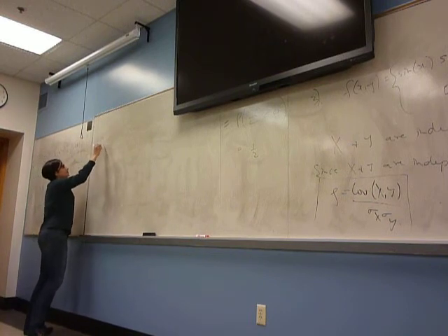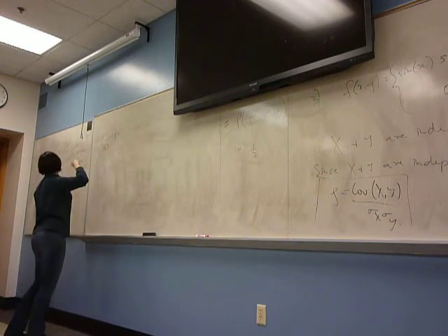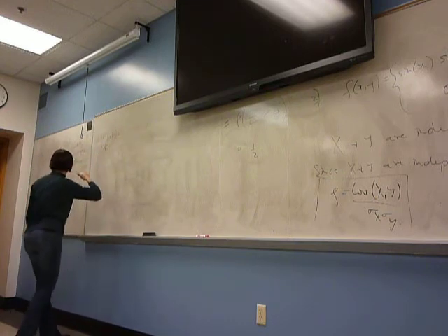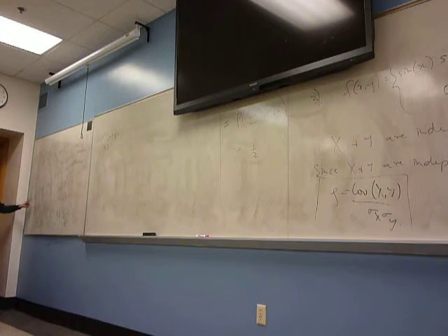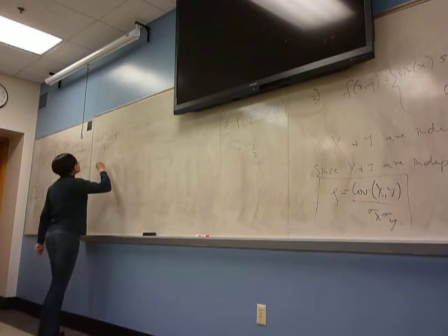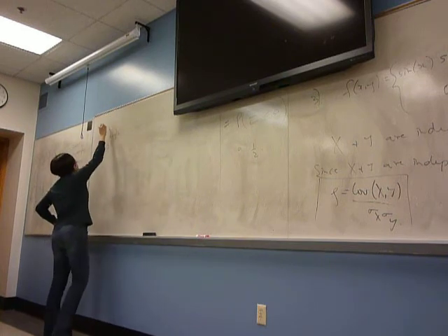So your conditional density is... maybe at this point you should say that when y is outside this interval, your density for y is 0. Alright, so conditional on y being between 0 and 1, this is your joint density.